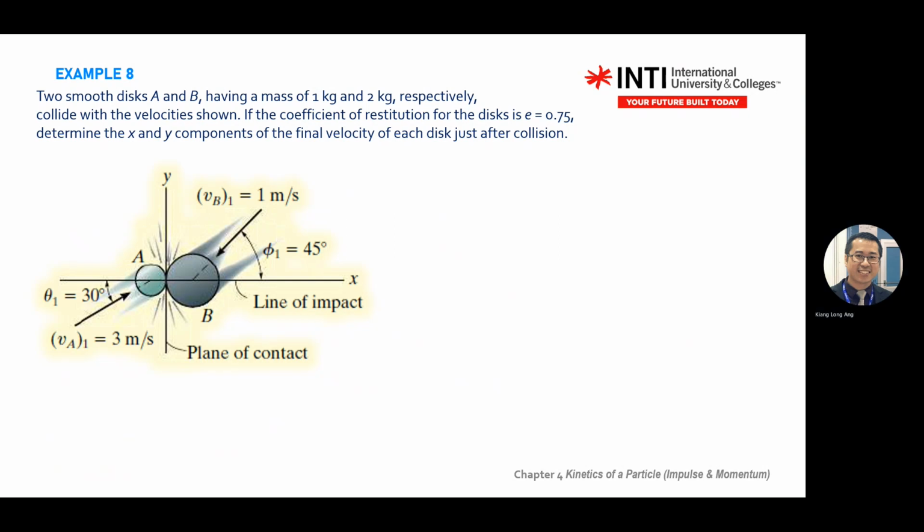So given two smooth discs A and B. Smooth means you don't need to consider friction. Having masses given, 1 and 2, they collide with velocities shown. The coefficient of restitution e value is given. Determine the x and y components of the final velocity of each disc after collision.